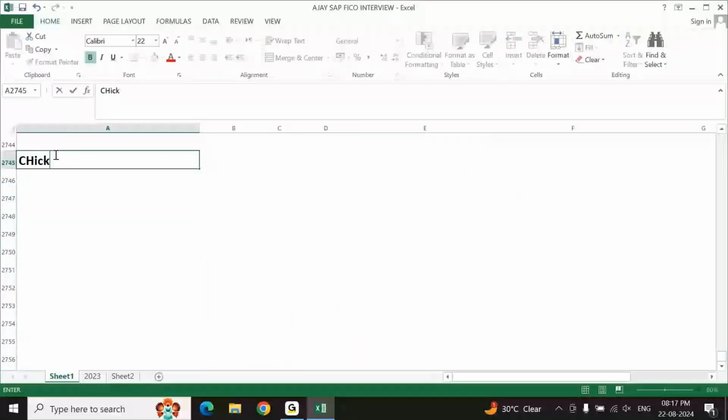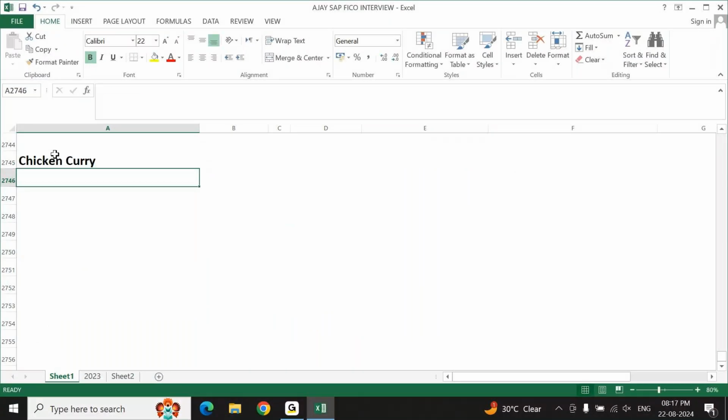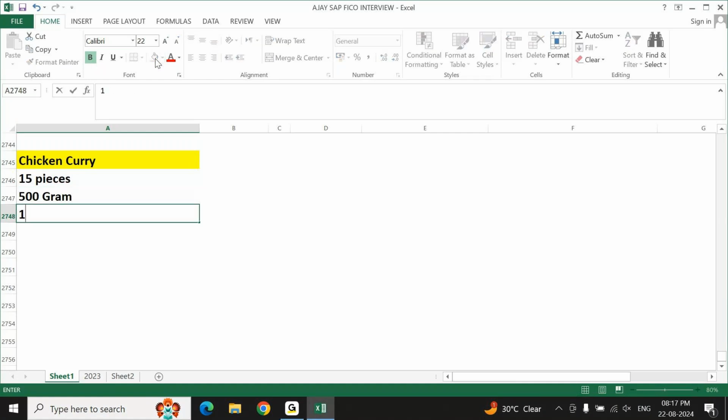What is your base? Can I say 15 pieces of chicken, or I need to say 500-gram chicken or 1 kg chicken? What is the base here? It has to be based on the weight, right?